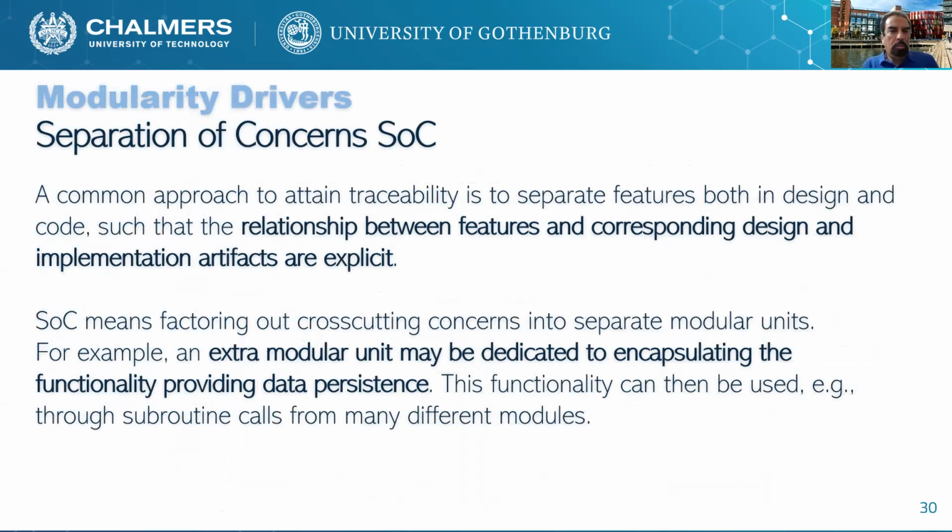This would lead us to talk about the concept of separation of concerns. And in this area, we need to make sure that the design and implementation of these artifacts are explicit, in a sense that we separate the codes and the concerns for each class, preferably for each feature if we can.